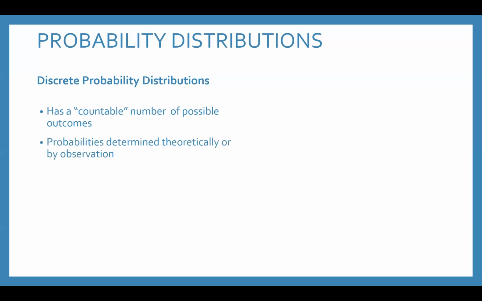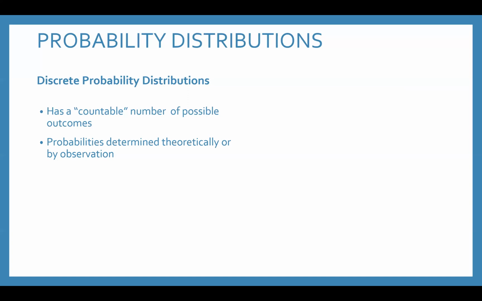Those probabilities are either determined theoretically through a formula. I mean, obviously, if I've got a coin, I have 2 options, or if I have a die, I have 6 options, or they can be determined by observation over a period of time. We rely on a rule in statistics called the law of large numbers.